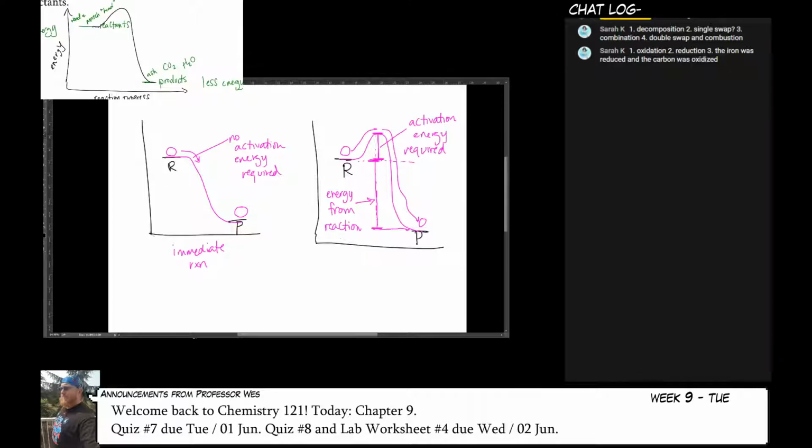Now, the term that you might see for this is called delta H, or enthalpy. These are thermodynamics terms that are used in other courses. Various textbooks use these terms, and I'm just presenting them here so that you have seen them. So if somebody says, here's the enthalpy of the reaction, it's how much heat or other energy you get out when the reaction is done.